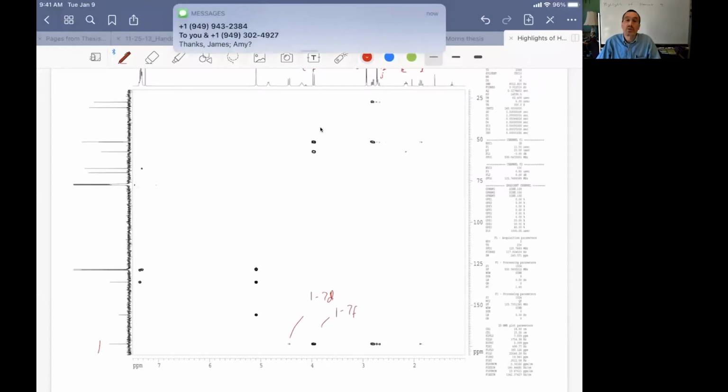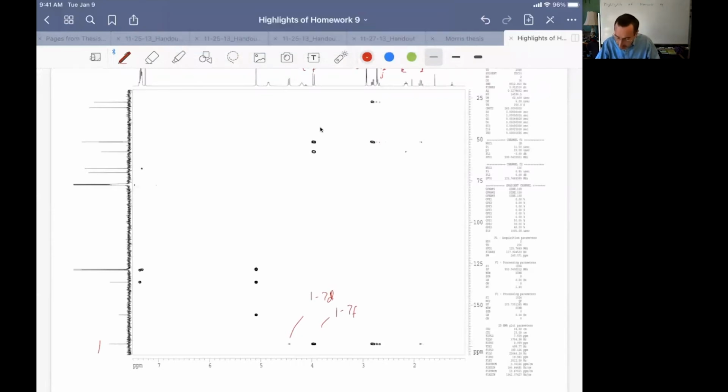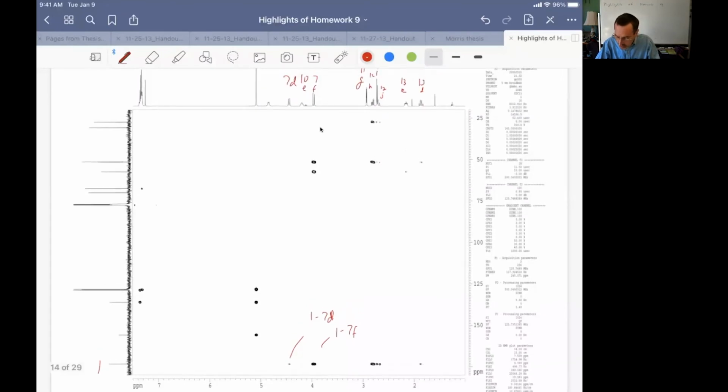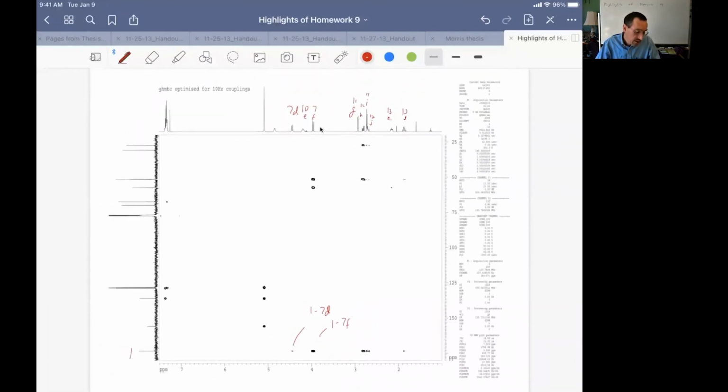So if you have any questions about that, you're still able to figure it out. If there's any questions about overlap here, you can look at the shape of your peaks and you'll notice how these look here. This is cross peaks of one with 12H and 12J.